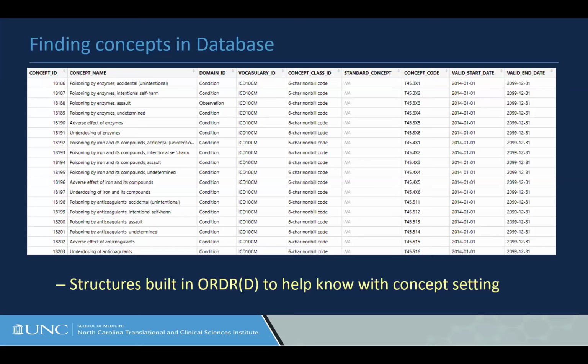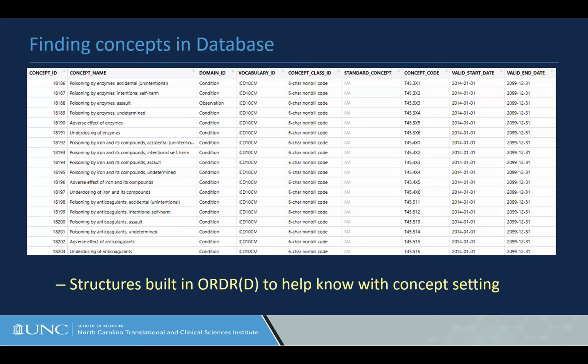You can certainly look at that concept code column. You can also look at the concept name as an actual string if there's something that you're looking for. Those are not necessarily perfect to find a comprehensive list of what you're looking for, but they are very practical, common ways that people look to find concepts.